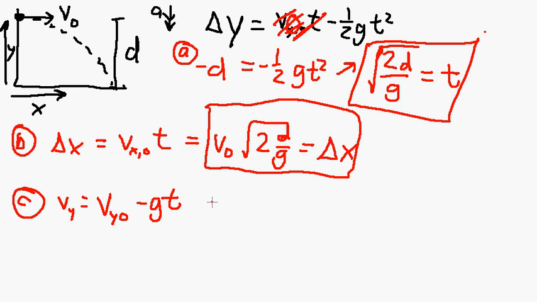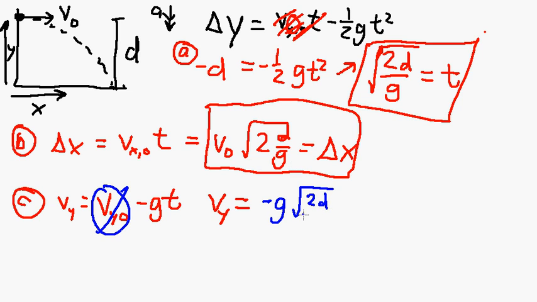So Vy is negative g times the square root of 2d over g. So what this really equals, Vy equals negative square root of 2dg.